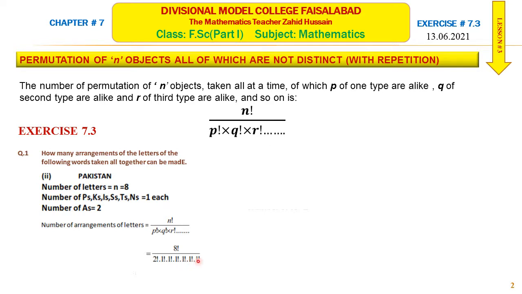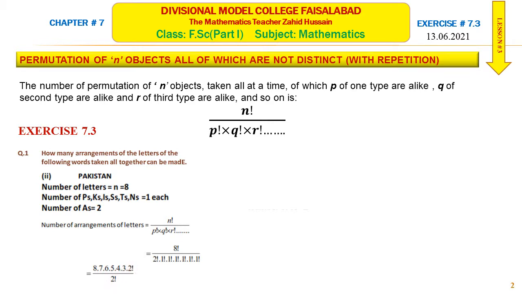You need not write these factorials. Whenever an object is occurring one time, 1 factorial is not necessary. You can simply write 8 factorial over 2 factorial. Now simplify this. 8 factorial means 8, 7, 6, 5, 4, 3, 2 factorial over 2 factorial.